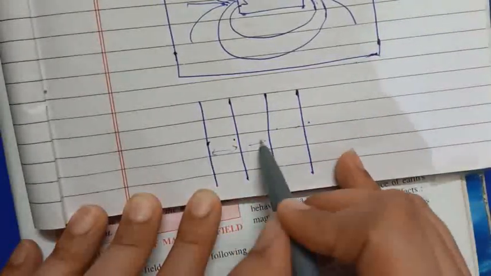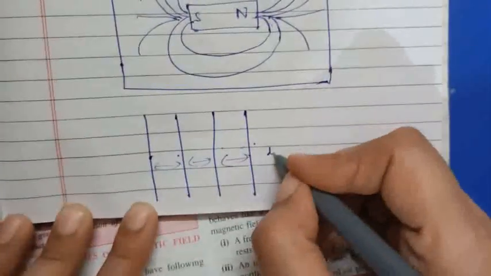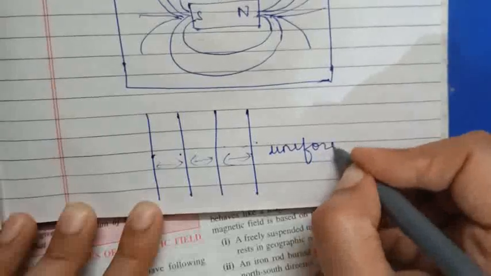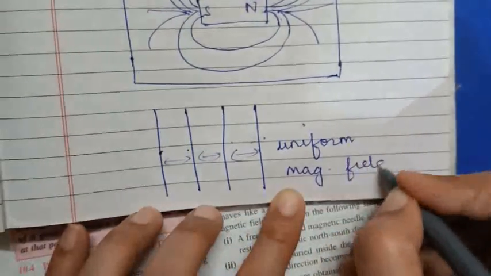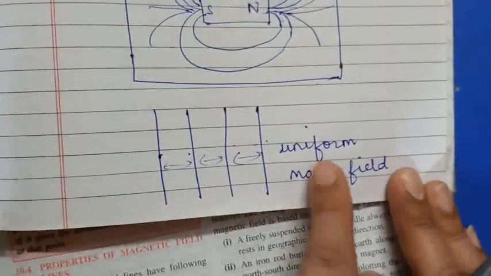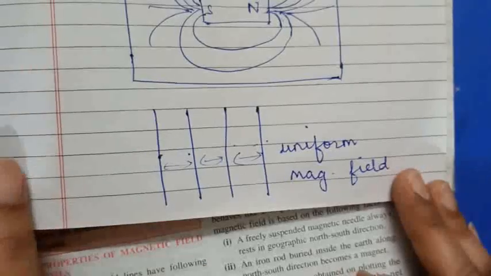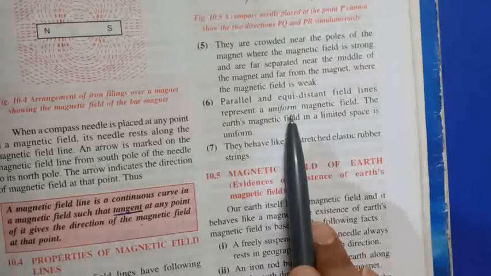Equidistant means they are at equal distances from each other, which shows that they have a uniform magnetic field. Uniform magnetic field means that the magnetic field strength is the same everywhere.